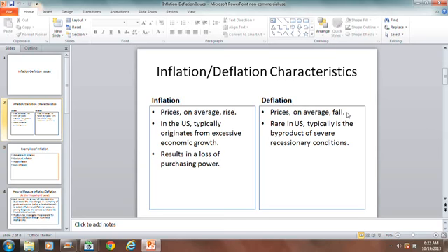When you have deflation, it's the result of recessionary conditions, and because we rarely have recessions in the United States, it tends to be less of a concern. But when you do have severe recessionary conditions, you can see that the pressure on prices on average is falling.